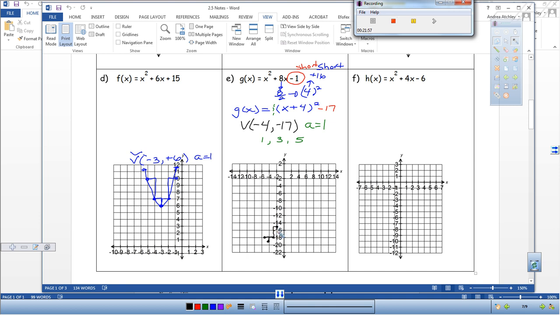Right here. Up 1, 2, 3, and over 1. Then I'm going to go up 5, 1, 2, 3, 4, 5, and over 1. Up 1, 2, 3, 4, 5, and over 1.